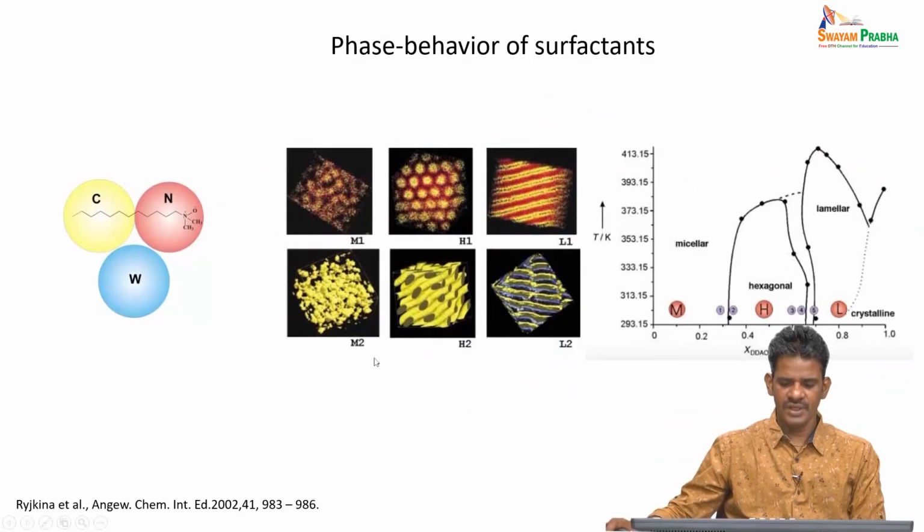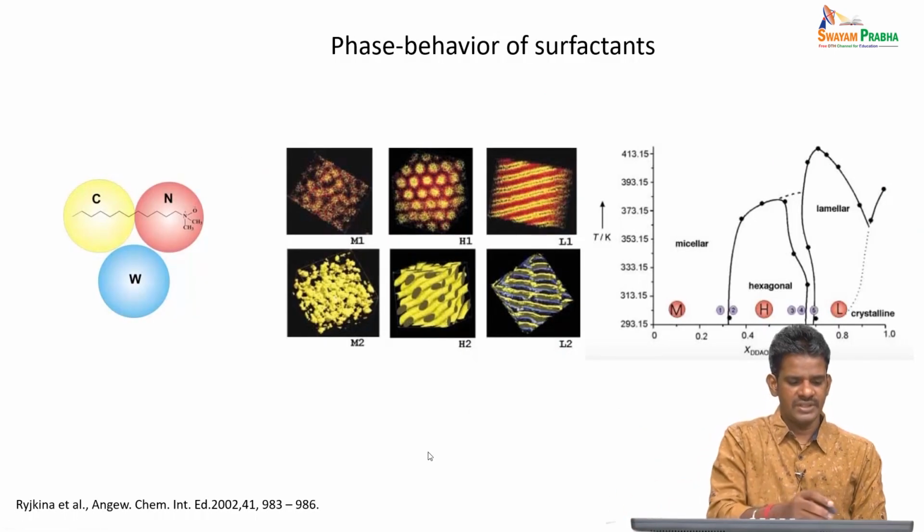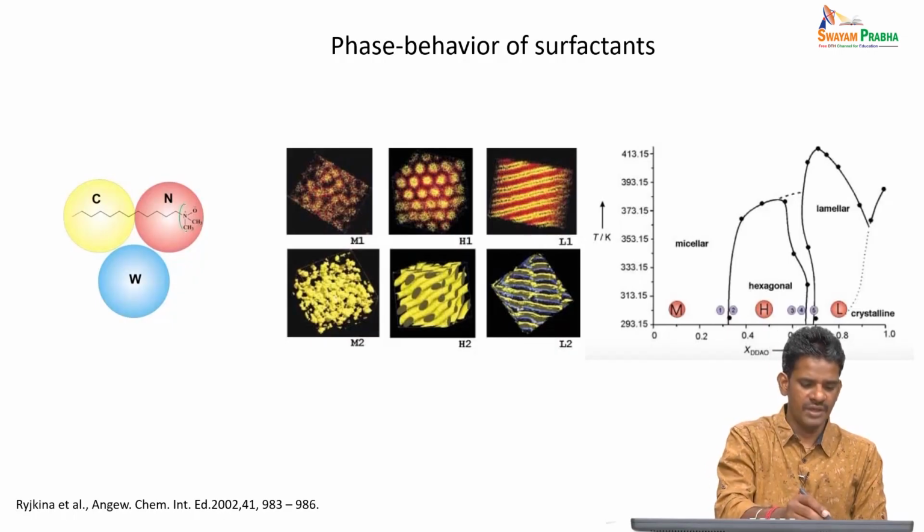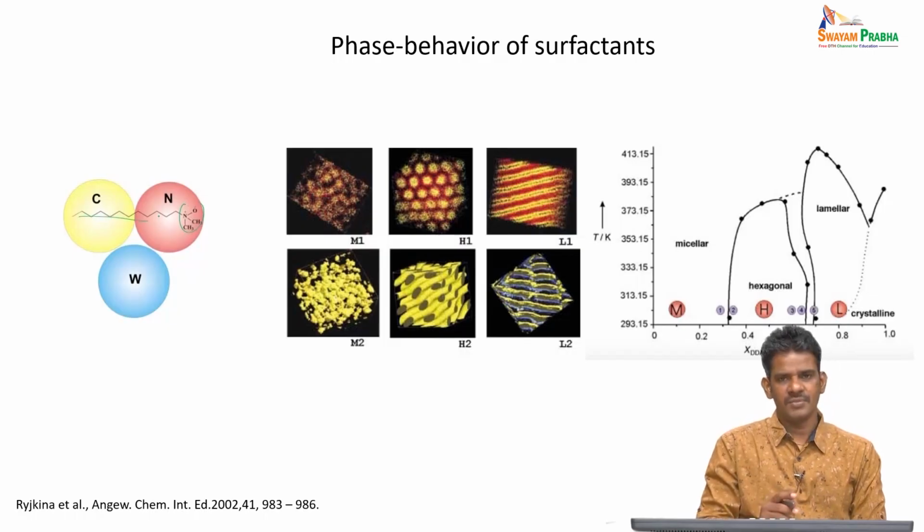And another example would be looking at the phase behavior of surfactants. So, you can see this is a surfactant, a long chain surfactant. There is a head group here and there is a long tail, and this is modeled as a two sphere coarse grained model.